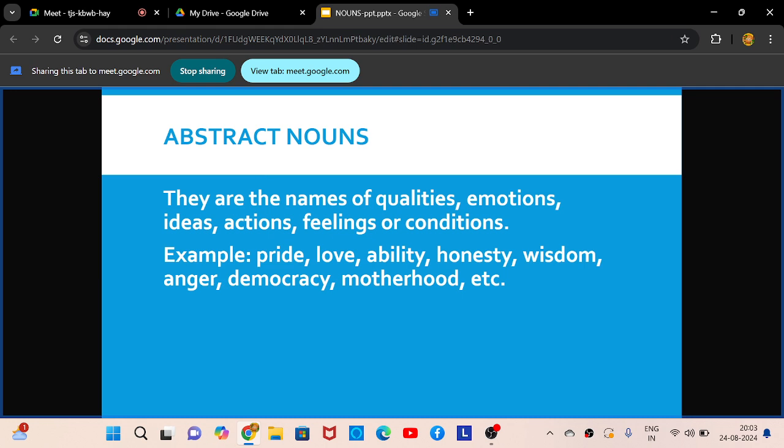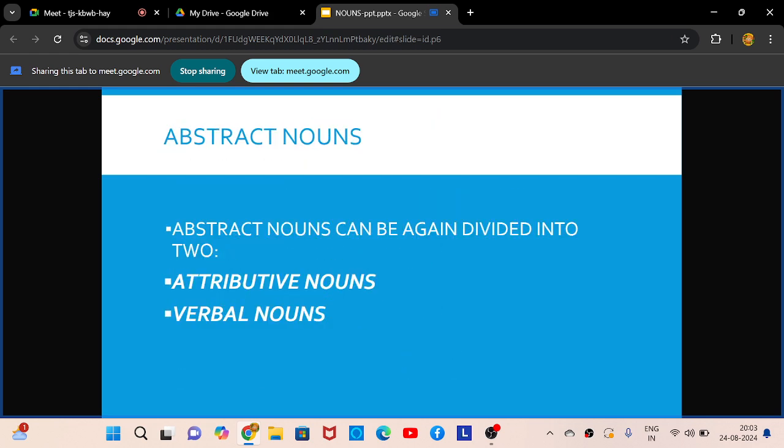Now abstract nouns ne nammal രണ്ടായിട്ട് വീണ്ടും ഡിവൈഡ് ചെയ്യാൻ പോവാണ്. Okay, so abstract nouns are again divided into two as attributive nouns and verbal nouns. So we must know what is meant by an attributive noun and verbal noun. Okay, എങ്ങനെയാണ് ഇവരെ ഡിവൈഡ് ചെയ്തിട്ടുള്ളത്?